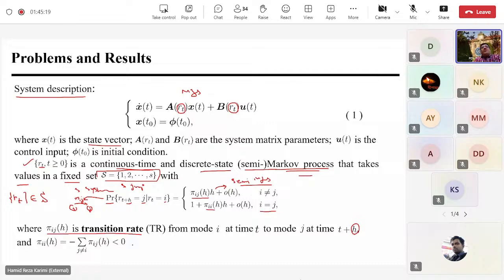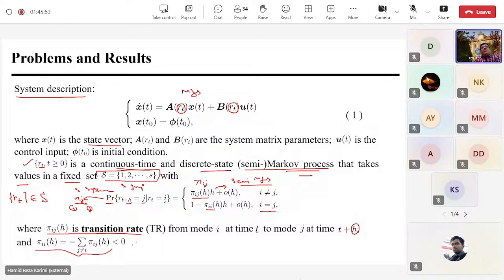So if pi_ij depends on h, you have a semi-Markov process. But if it is only pi_ij, independent of h, then you have a Markov process. There is also one condition on the probability that should be satisfied, which is a condition on the transition rate or transition probability.